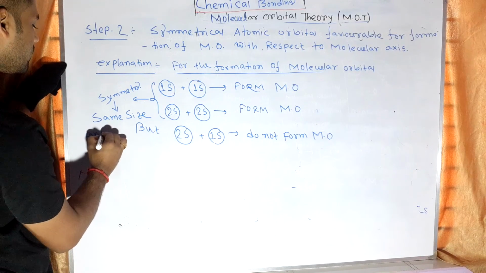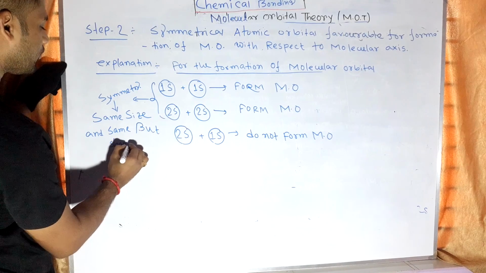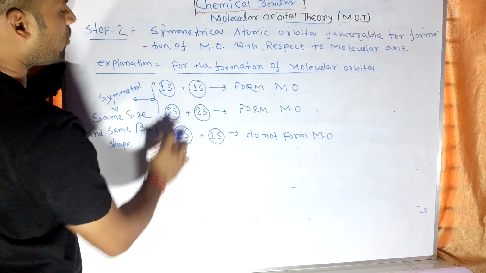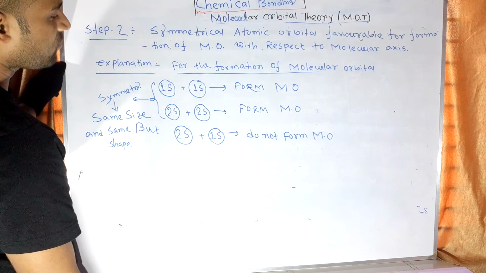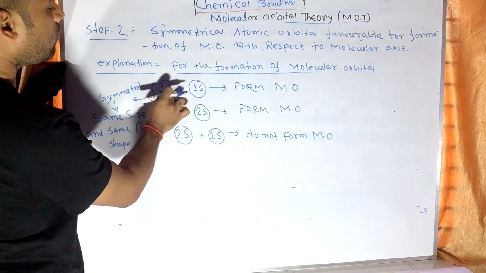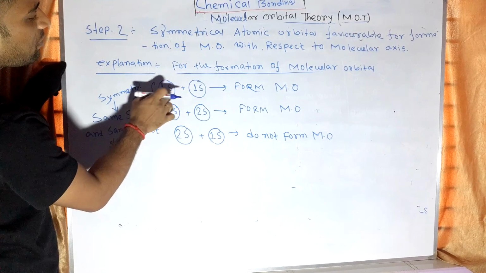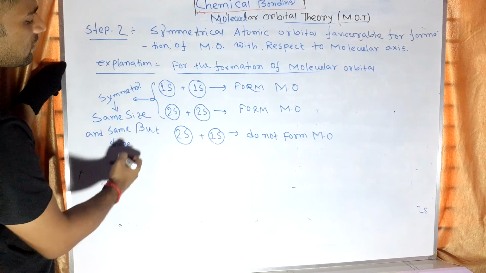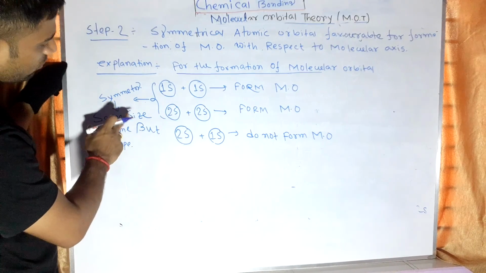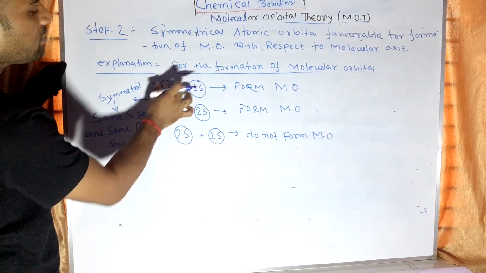For 1s and 1s, the shape is spherical and their sizes are equal. If the principal quantum numbers are the same, then their size is also the same. So the 1s orbitals have equal size and equal shape, spherical, and the size is the same.